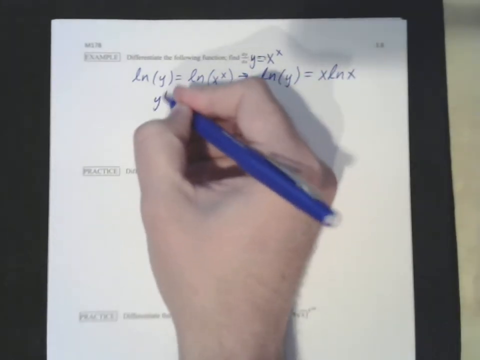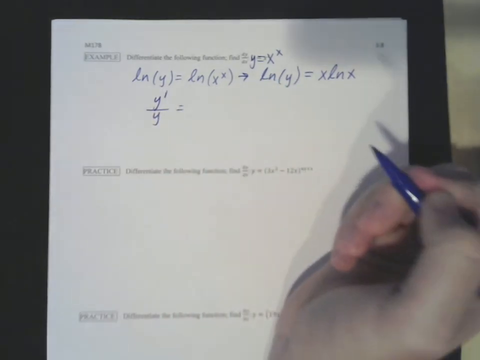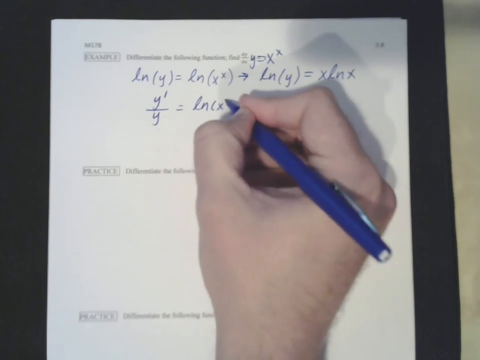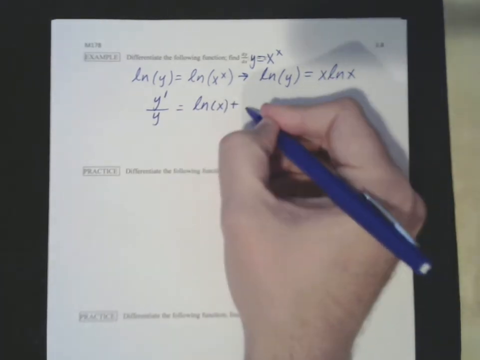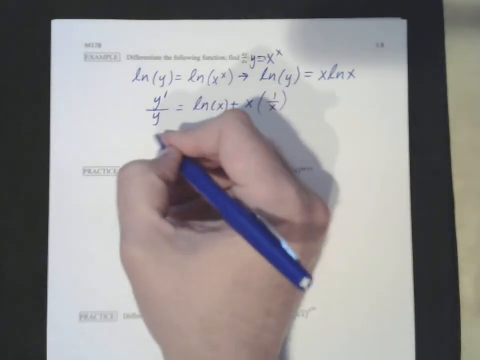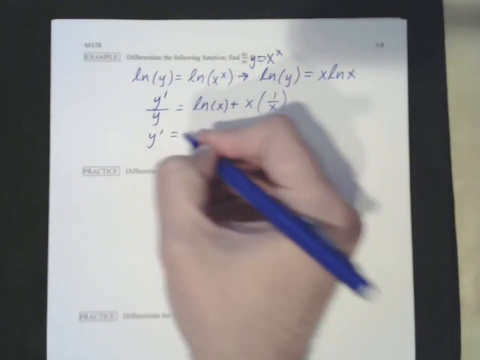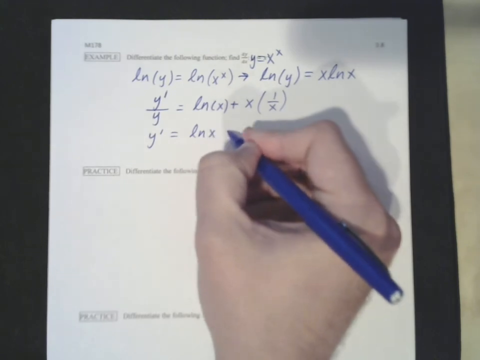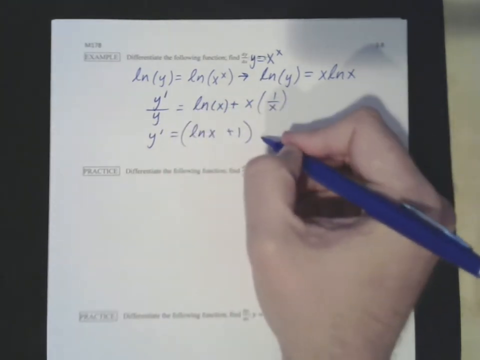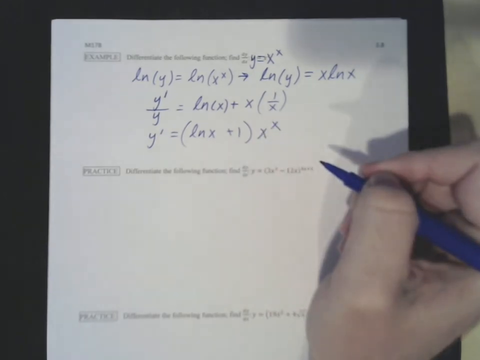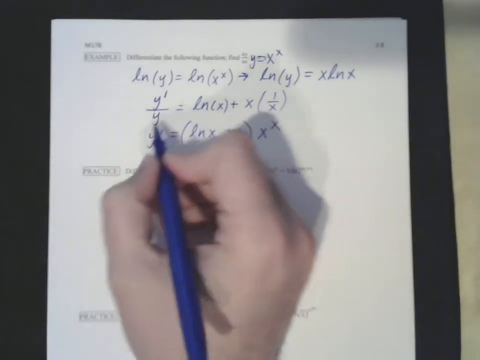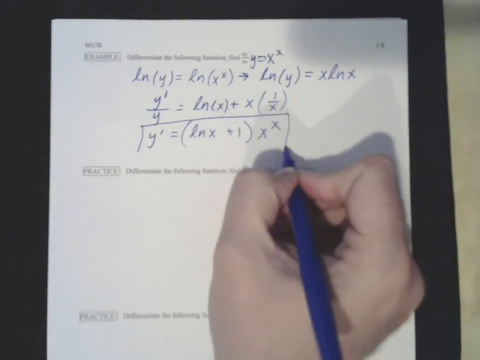This is going to be y prime over y equals, derivative of the first is 1 times the second is ln x, plus x times the derivative of the second is 1 over x. So this is y prime equals ln x plus 1 times y, moving that over, which is x to the x, because we always solve for y prime. And you don't need to simplify any more than this.